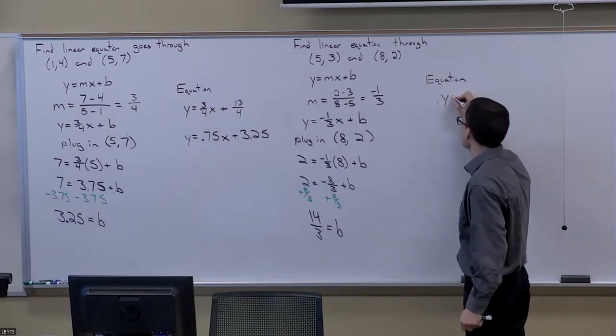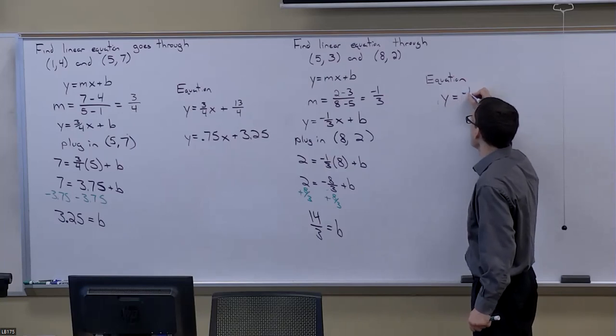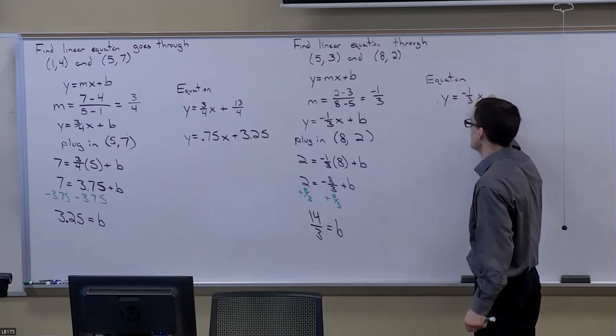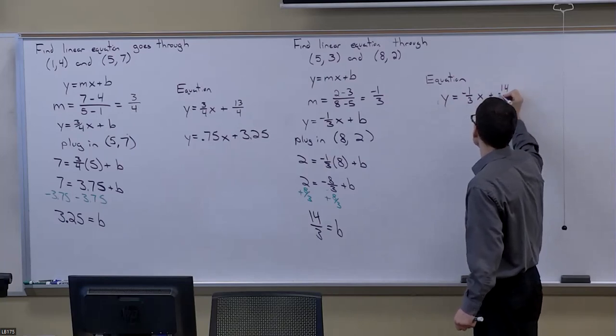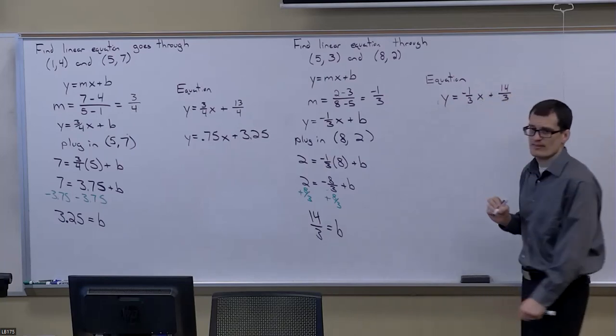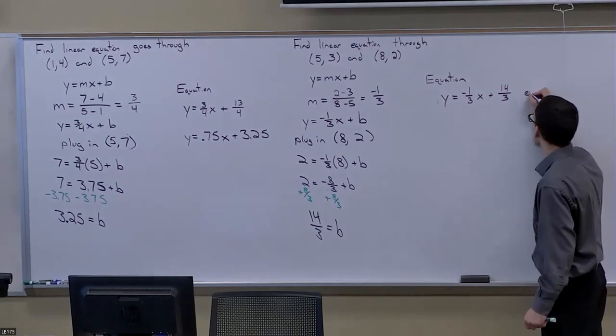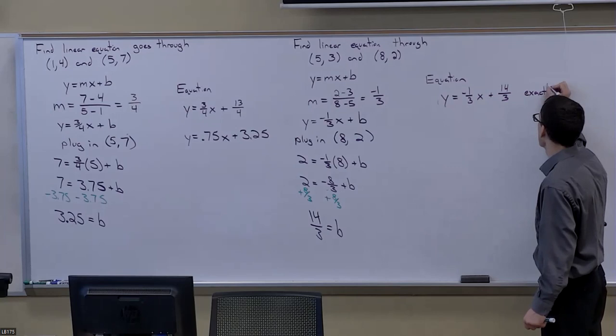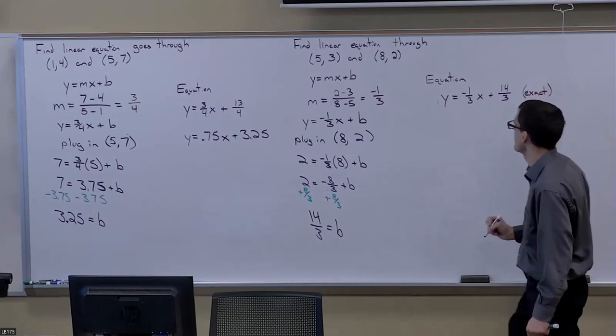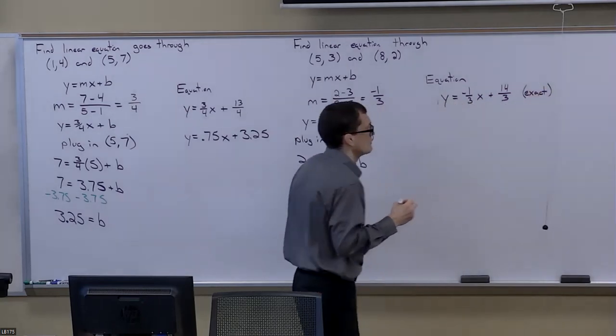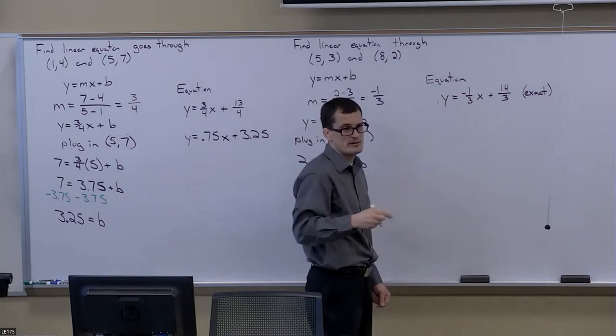Now, technically, the exact version of the equation is -1/3 x plus 14/3. That's the exact, that's the precise version. In Moodle, it'll ask you for rounded numbers.